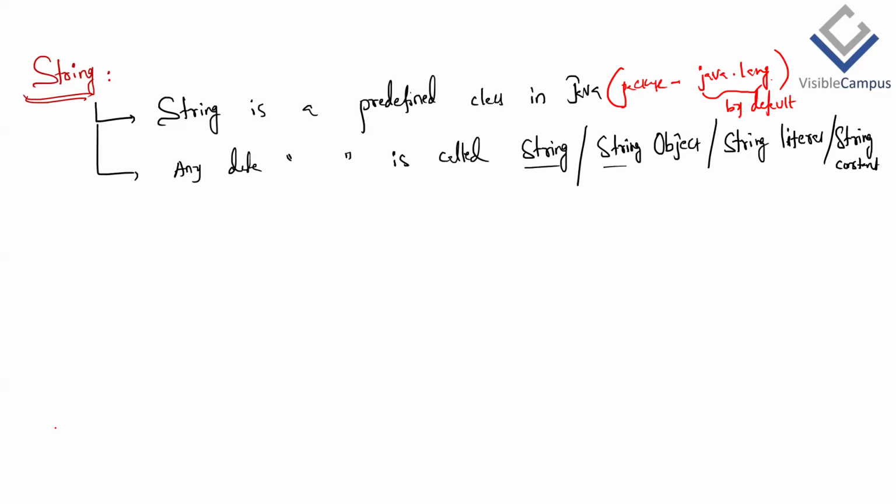Since anything is allowed to be stored by using string, any data that is enclosed in double quotes, in previous classes also we already discussed, can we store some numbers by using string? Is it correct? Yes, sir. Correct. But is it recommended? No, sir. Not recommended.